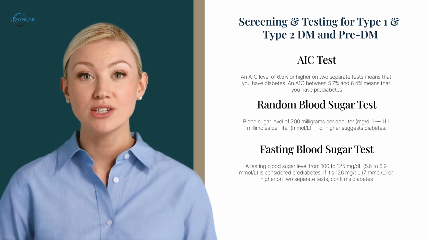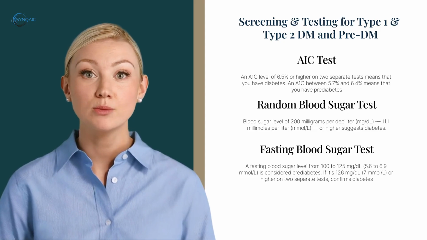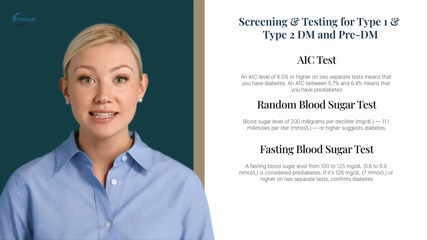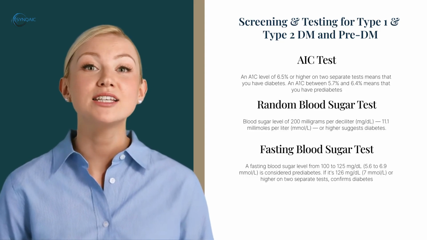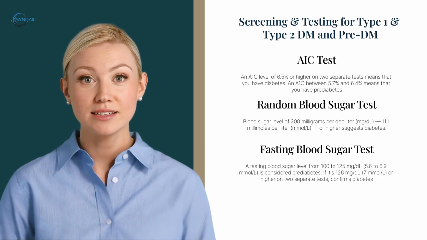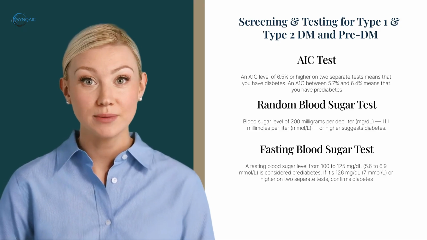A fasting blood sugar level less than 100 mg/dL, 5.6 mmol/L, is normal. 100 to 125 mg/dL, 5.6 to 6.9 mmol/L, is considered prediabetes, and 126 mg/dL, 7 mmol/L, or higher on 2 separate tests indicates diabetes.